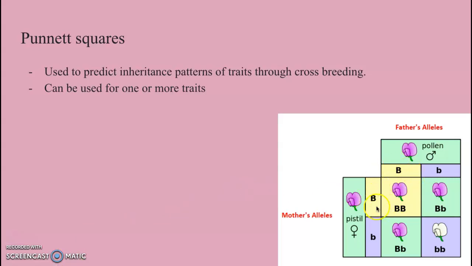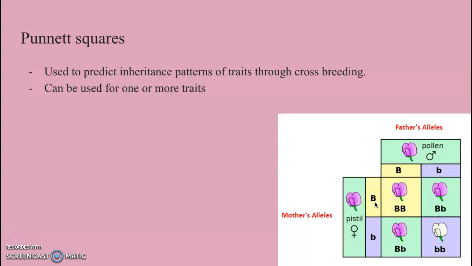So here's a great example on how to write out a Punnett square and how to determine the different traits, the recessive and the dominant. This is the female right here. The female has a capital B and a lowercase b. The male right here has a capital B and a lowercase b.